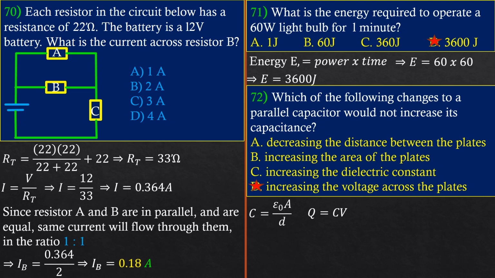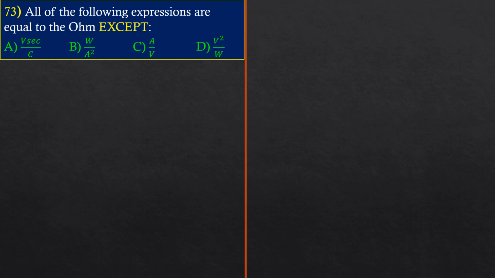Okay, let's go on. Question 73 reads: all of the following expressions are equal to the ohm except. Okay, so guys, let's recall that the ohm can be given from Ohm's law by the formula R equal to V over I, where V is the potential difference or the voltage, and I is the current. We also know from the fundamental concept of electrostatics that Q is equal to IT, where T is the time taken.